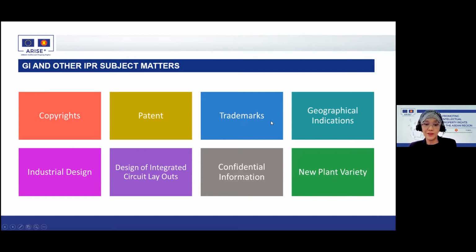We call these subject matters 7+1 because new plant variety is not regulated in the TRIPS Agreement, but is regulated specifically in UPOV. But theoretically, all of them are conventional IP protections because they share quite similar nature. Again, whereas all of them mostly deal with individual holders, geographical indication deals with community, with collective holders.